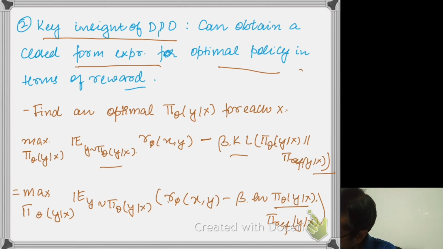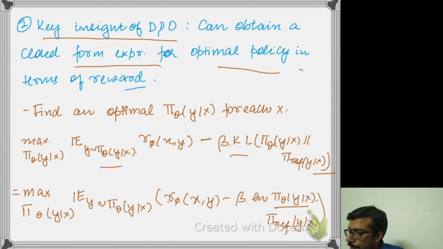Okay, and now what is this quantity? Right, because KL divergence is also an expectation over pi theta of y given x of log of pi theta of y given x over pi ref of y given x, and now we have to maximize.